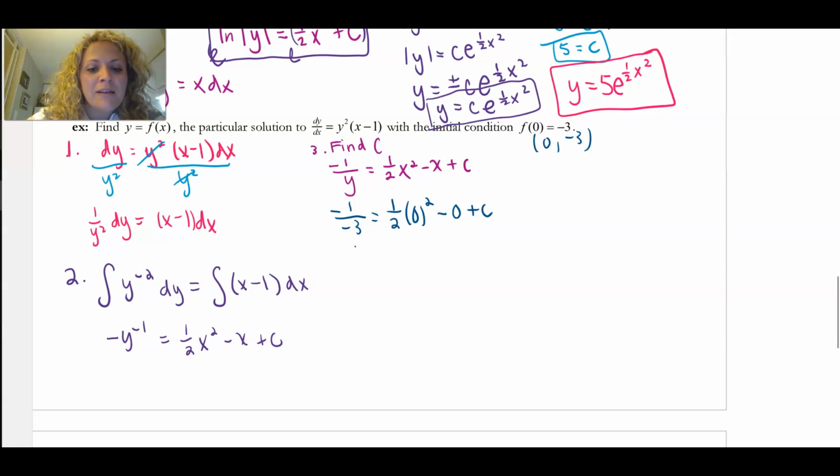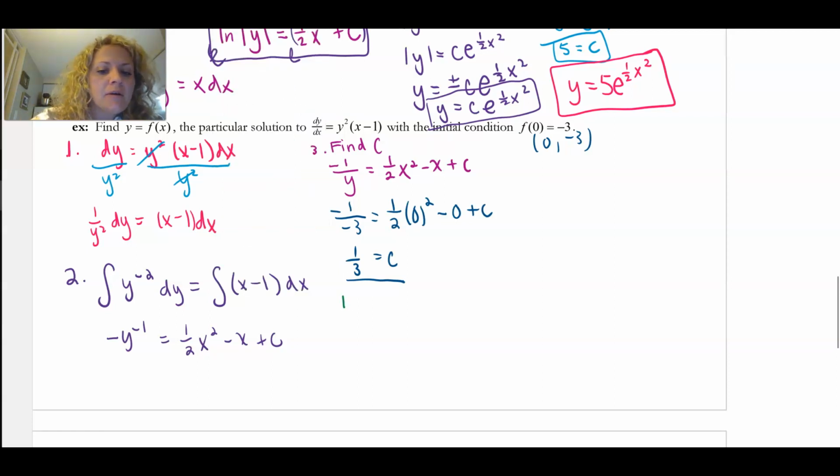So, all right, we're finding c. -1 over -3, that's just a positive 1/3. And then we said all of our x's go to 0, so we get positive 1/3 equals c. So that is our c value that we need. Lastly, we're going to solve the equation for y, and since we know c already, we should go ahead and plug it in.